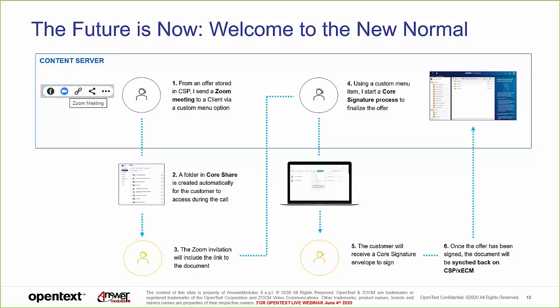So again, this is just an idea of an end-to-end process that is leveraging CSP, but also different external tools, and definitely some smart automation, some forms, some UI enhancements that have been implemented utilizing the module suite.